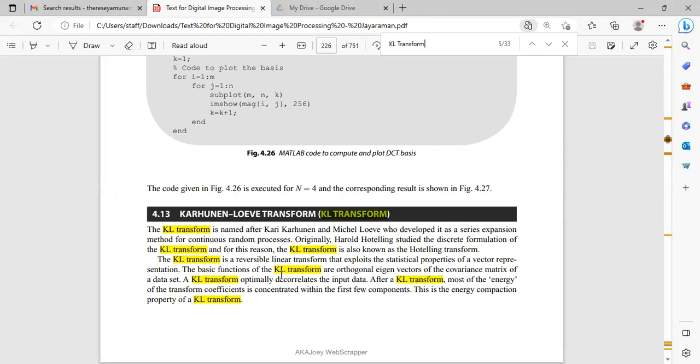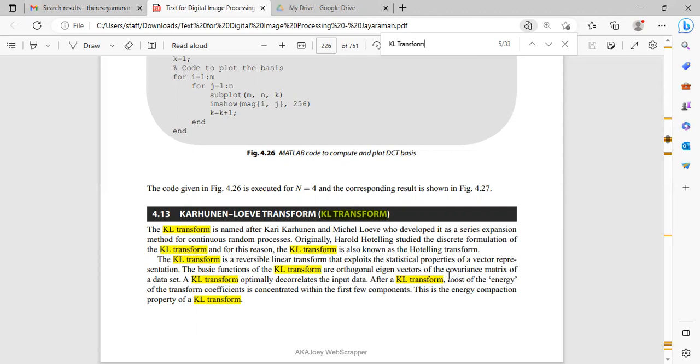Instead, this transform derives its basis function from the given image. So when I say this, the basis function of the KL transform are orthogonal eigenvectors of the covariance matrix of the data set. So just remember that these things are important.